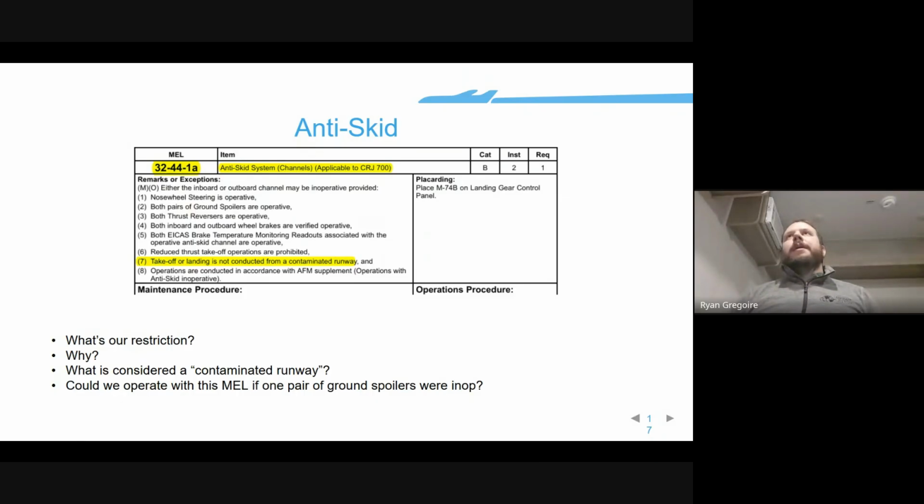So not only will you be expected to know this definition when you take your oral exam with the DPE, but from a professional accountability standpoint, you should know the definition of a contaminated runway. Greater than 25%, greater than 1/8 of an inch, or any amount of ice.